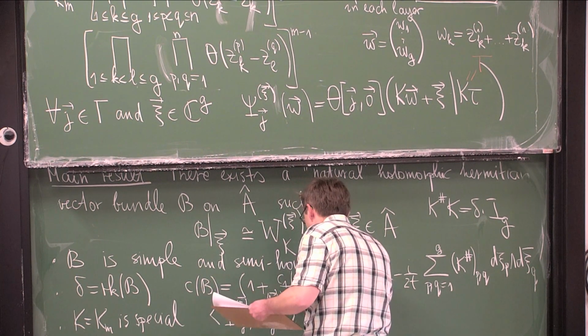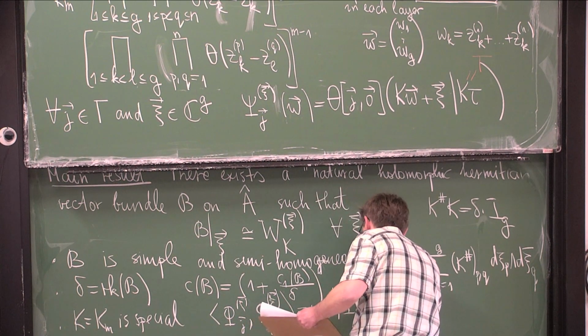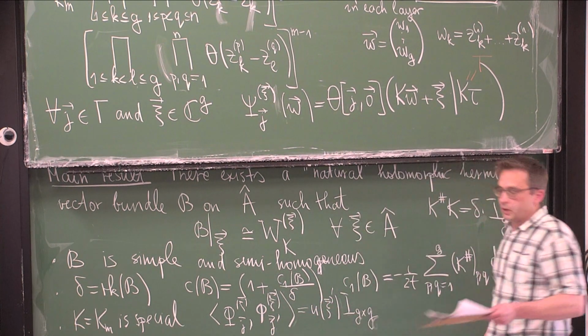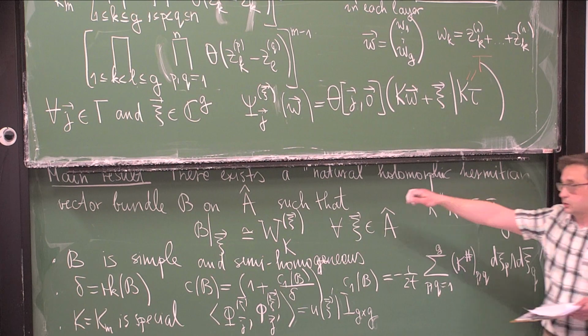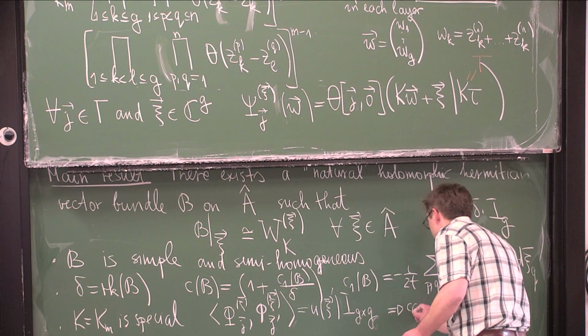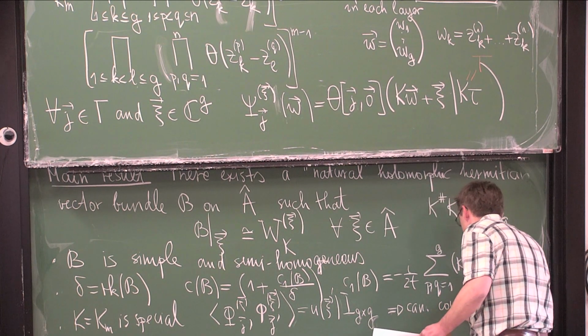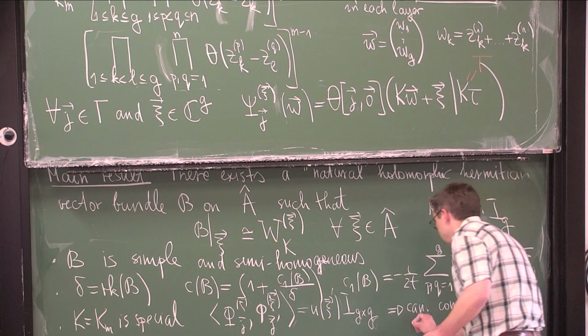So it is some function of xi times the identity matrix, which in particular implies that the canonical Chern-Weil connection of the constructed bundle is projectively flat.